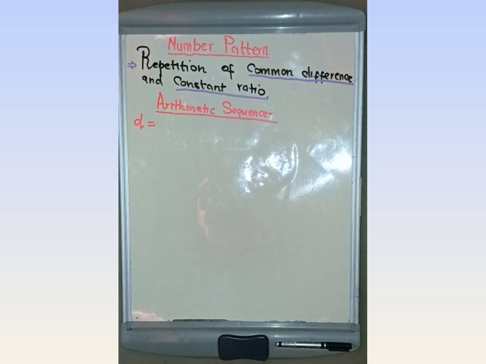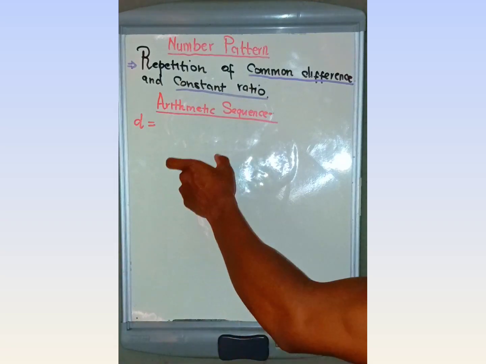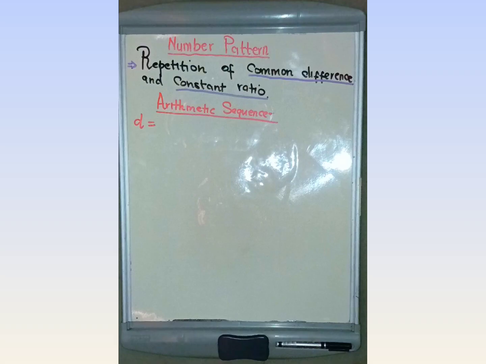It's very important to take note that we use the value of d to prove this is an arithmetic sequence, or we use the value of d to determine the nth term, as well as to calculate the next terms in the sequence.